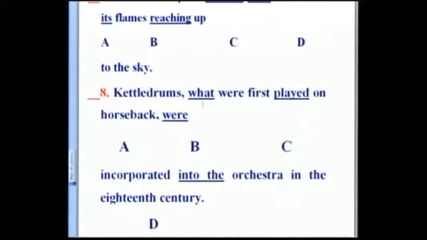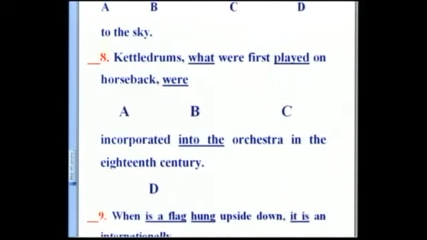Cattle drums what were first played on horseback were incorporated into the orchestra in the 18th century. This is a musical instrument, a type of drum. So do I say cattle drums what were first played on horseback, what or which?